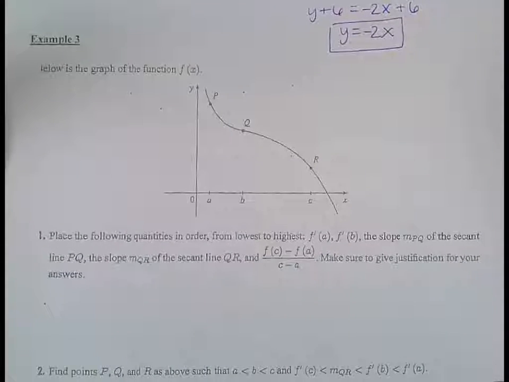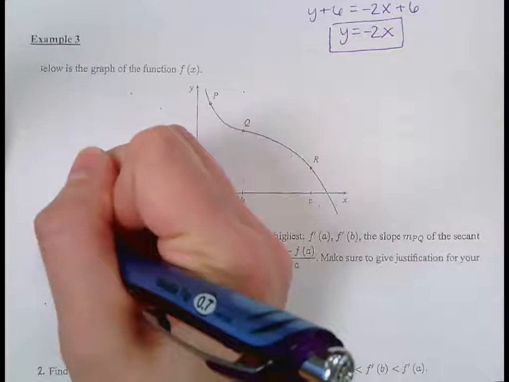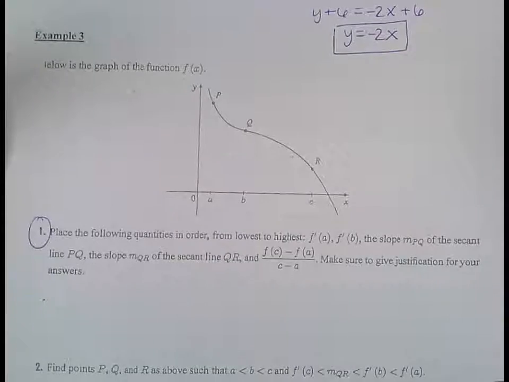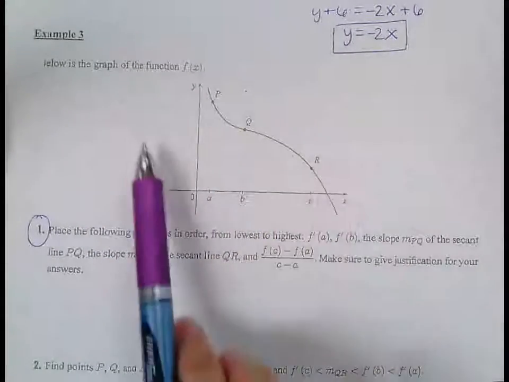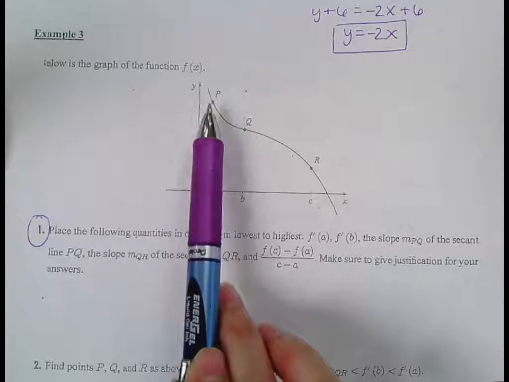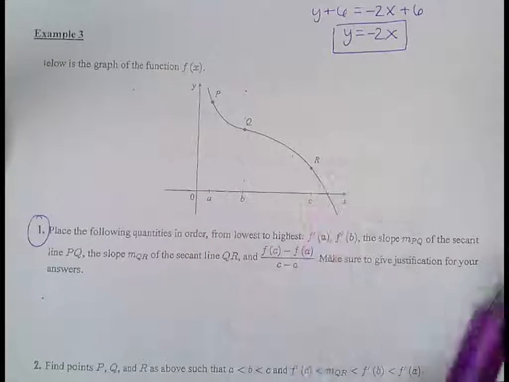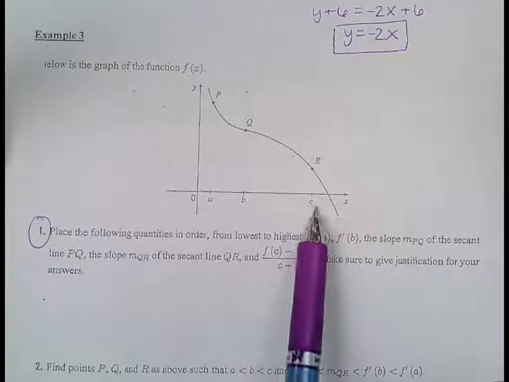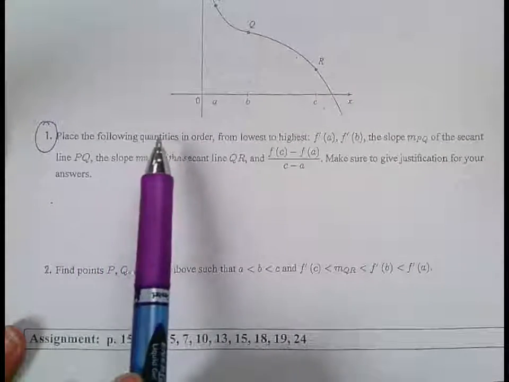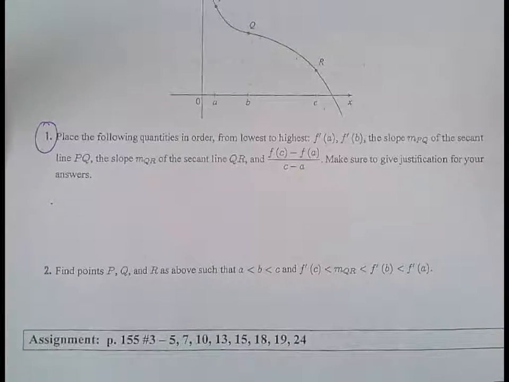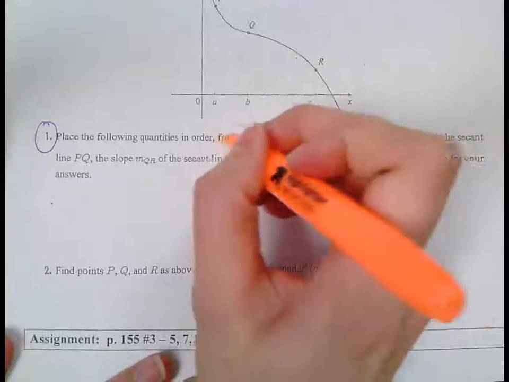In example 3, I'm going to have you, for sure, with the time we have left, work on part 1 of this in your groups. So it's giving you a graph of some function f of x below, and you can see on the curve we have points P, Q, and R at the x values A, B, and C. And it says, place the following quantities in order from lowest to highest.